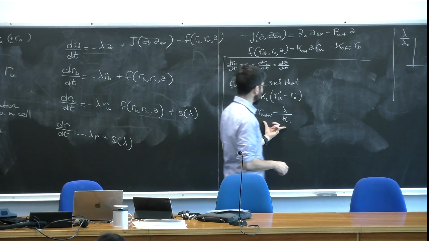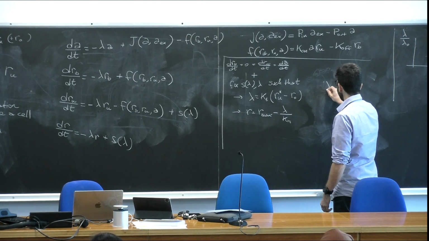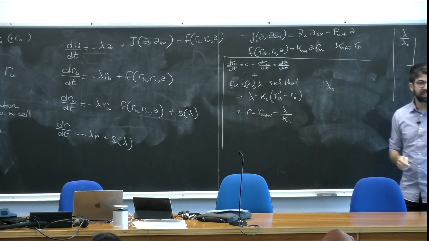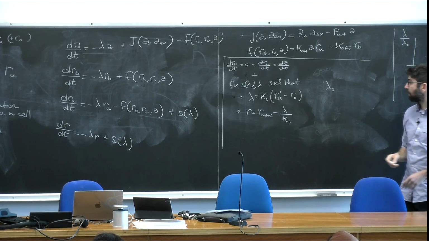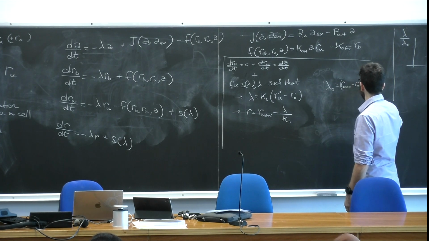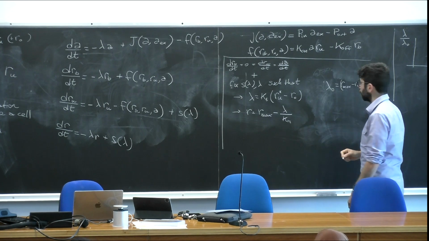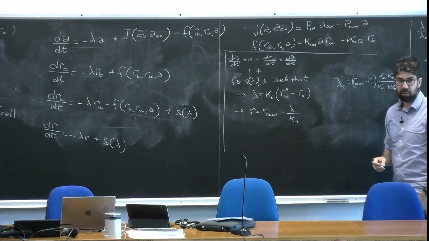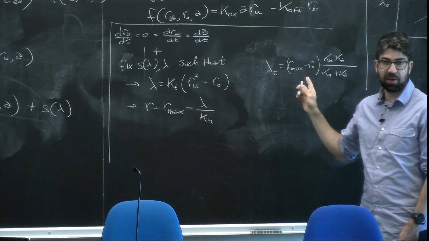Now I want to re-express this thing here using the fact that the growth rate in absence of the drug is equal to (R_max minus R_0) K_n K_t over K_n plus K_t. Okay? And so I can express K_n, which appears here, as a function of this lambda naught.